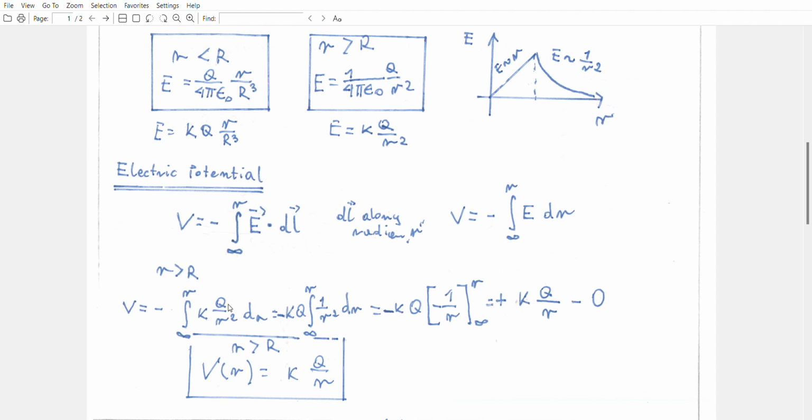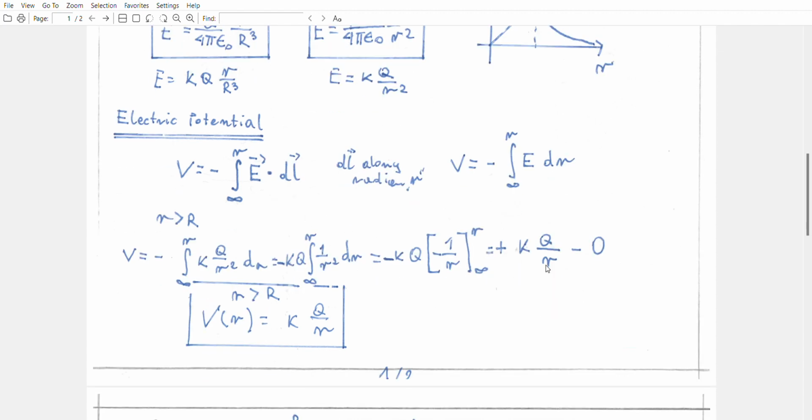And doing integration of such a function, I will end up with minus 1 by r. Minus is from the definition, and I end up with a positive value kQ/r, which I should immediately know, that it will be the same as the potential of a point charge at the center of the sphere. Yes. And this is exactly the same solution, but mathematically, I wanted to show you that it's really the fact.